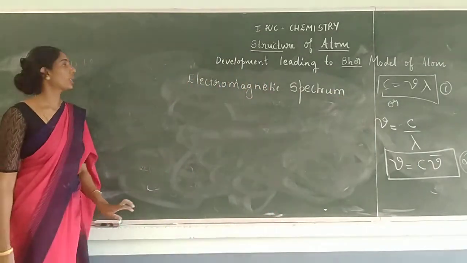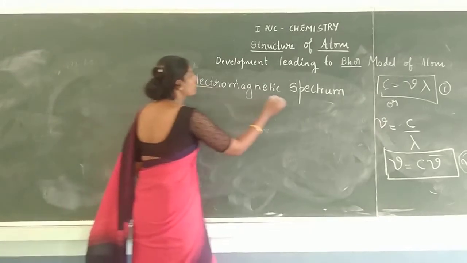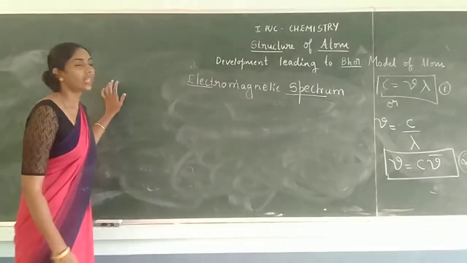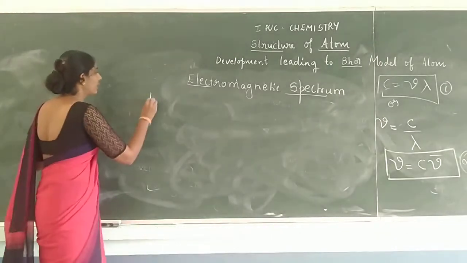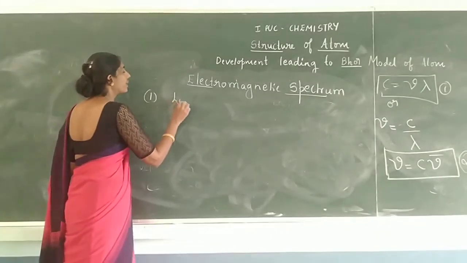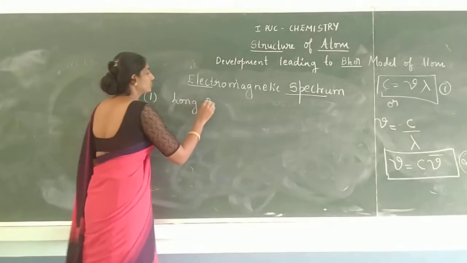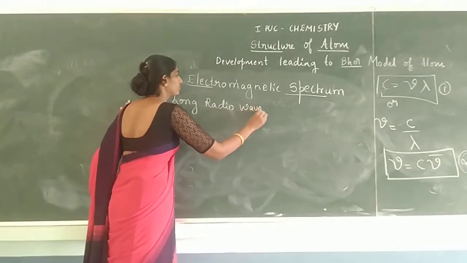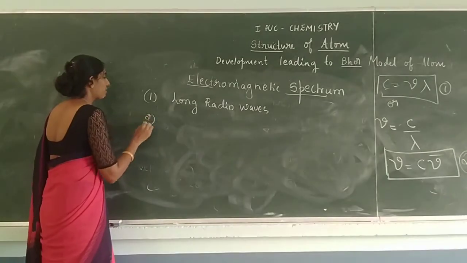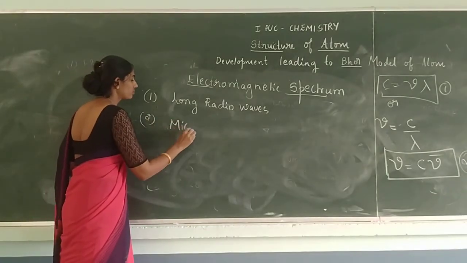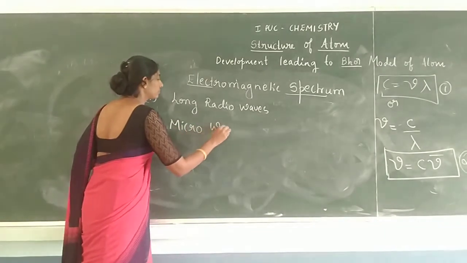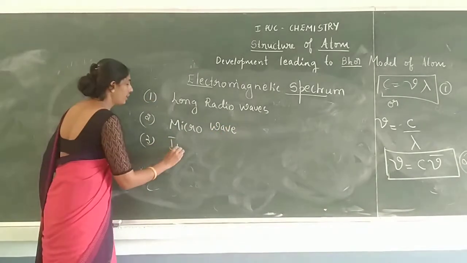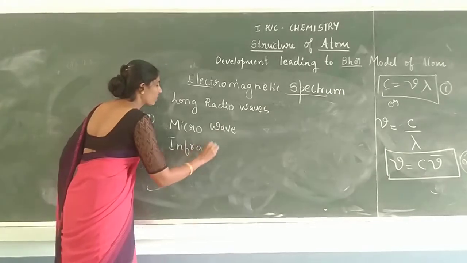What are the different electromagnetic radiations that come under the electromagnetic spectrum? That is long radio waves, second one is microwave, third one is infrared, or it is also called as IR.